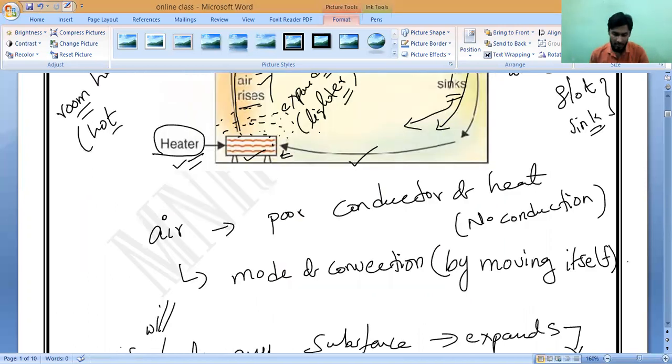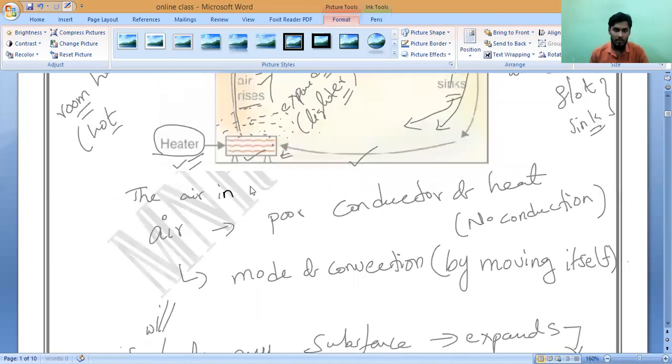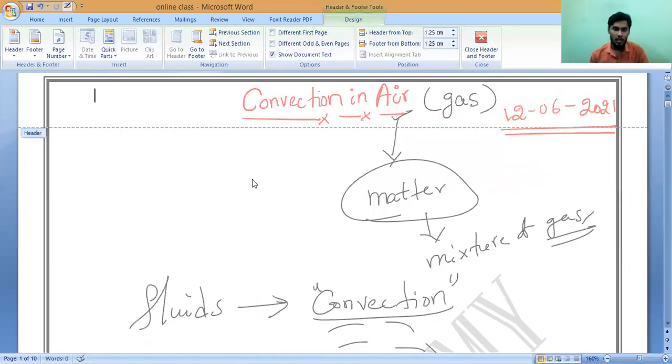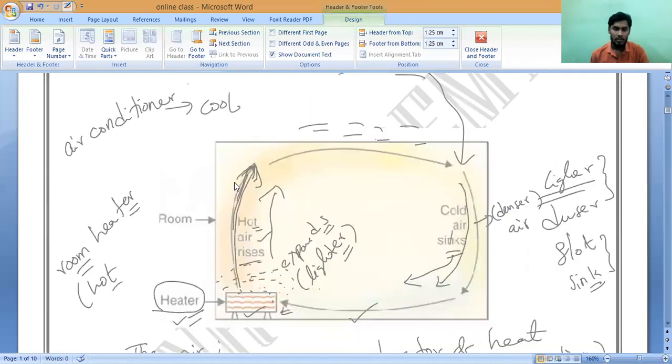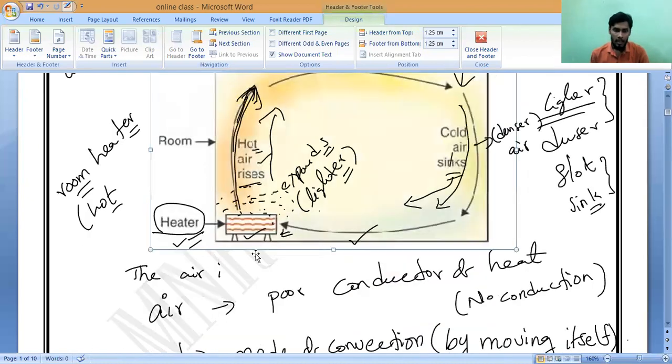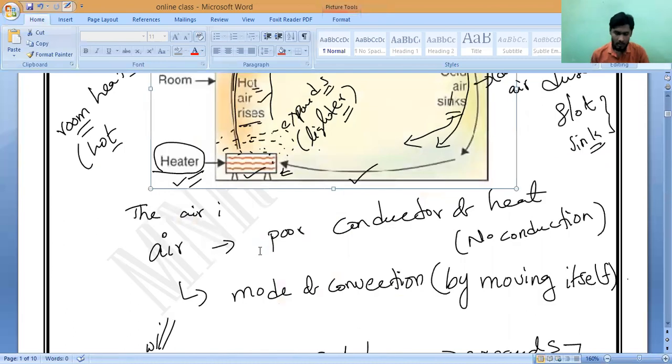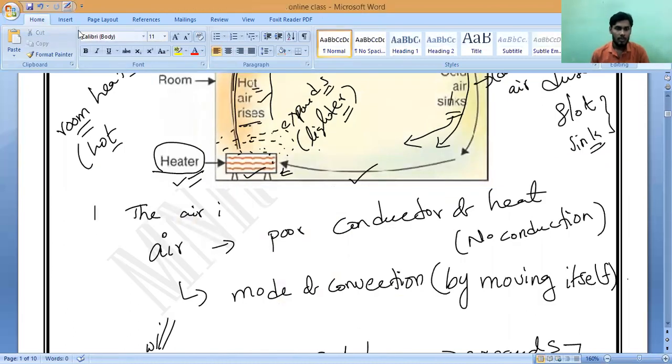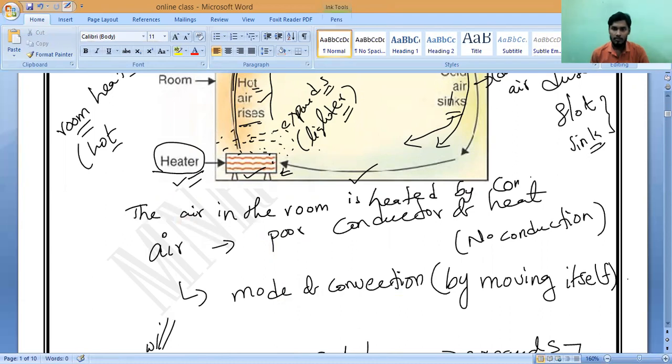You can write the picture name: the air in a room is heated by convection currents. Have you drawn the picture? Yes, sir.